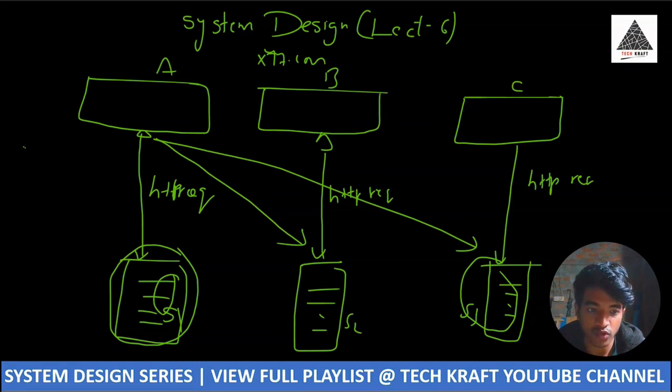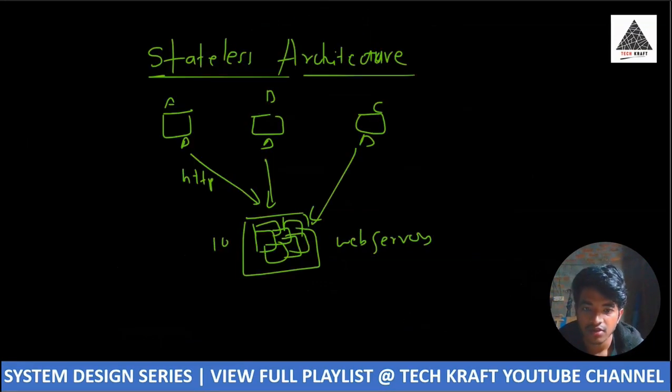But in stateless architecture, we don't do it like this. In stateless architecture, we store session files in a separate database storage. We fetch data from a shared data storage.